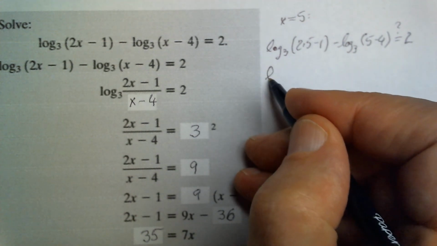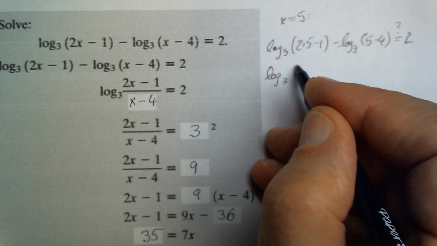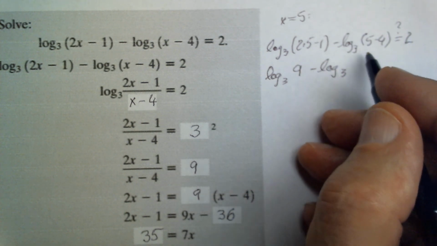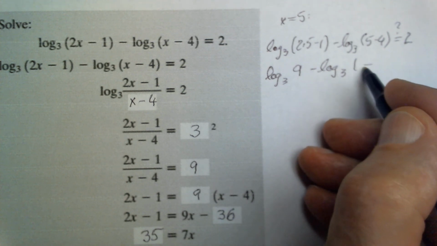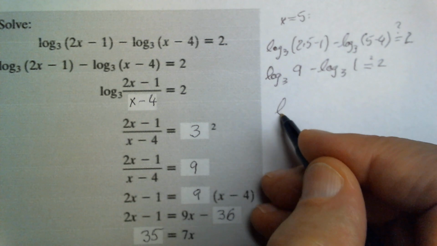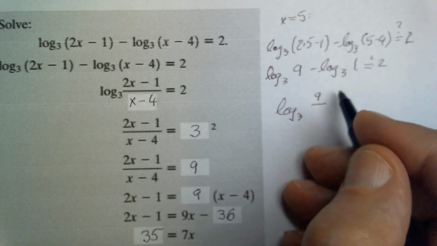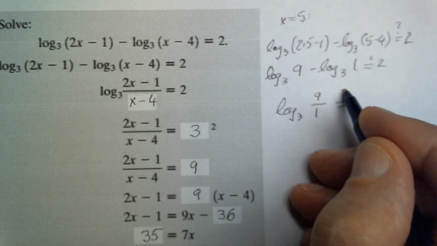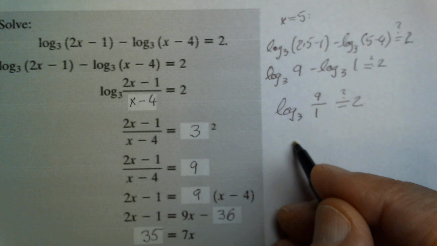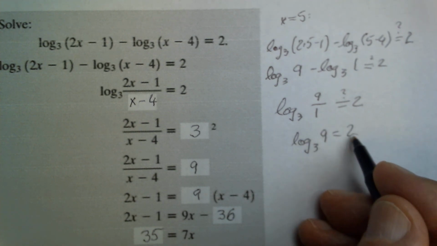So then we have log base 3 of 2 times 5 is 10, minus 1 is 9, minus log base 3 of 5 minus 4 is 1, is that equal to 2? Well, this means log base 3 of 9 divided by 1. 9 divided by 1 is 9, log base 3 of 9, is that equal to 2?